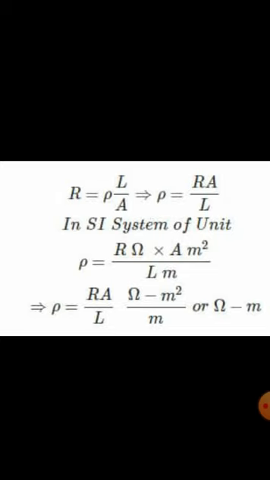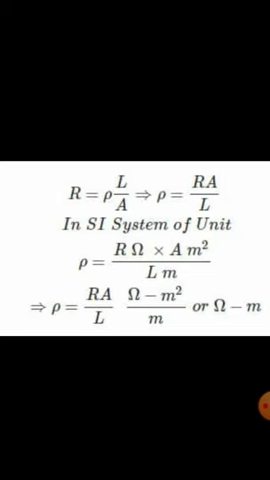Now, how to measure the specific resistance? What will be the units for specific resistance or resistivity? Now, in this formula, rho equal to R into A by L. R is the resistance, A is the area of cross section, and L is the length.